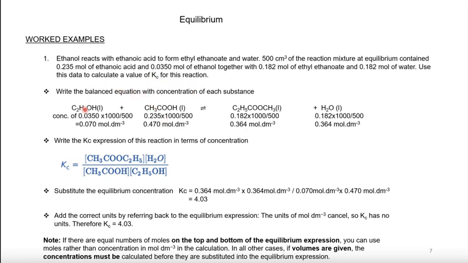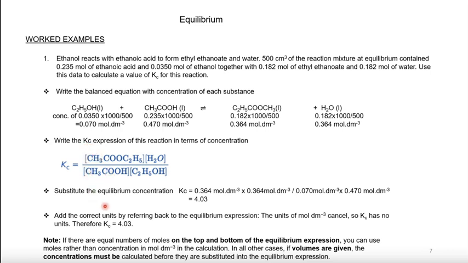We know the volume and we have the moles, therefore we find the concentration of ethyl alcohol and acetic acid, and also ethyl ethanoate and water. These are the concentrations of the products and reactants. So we can write down the equilibrium constant expression like this.